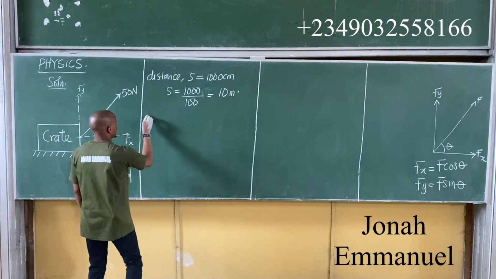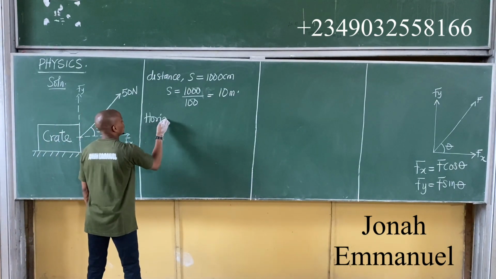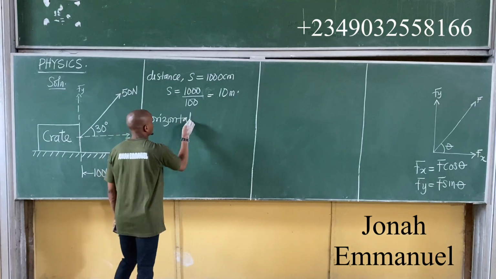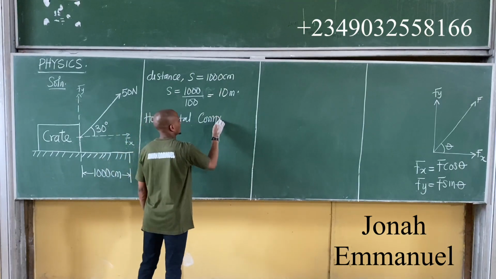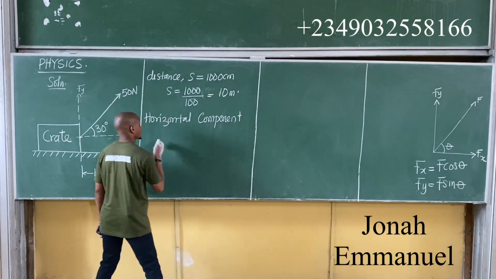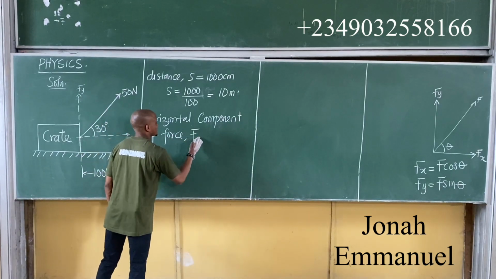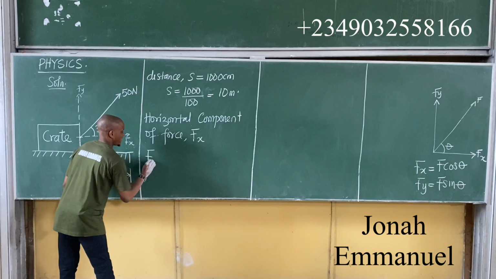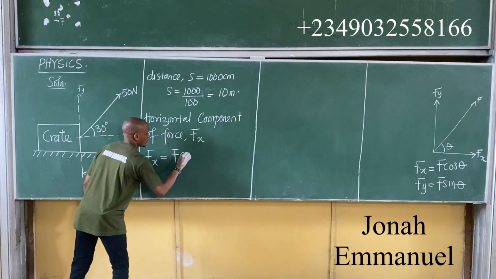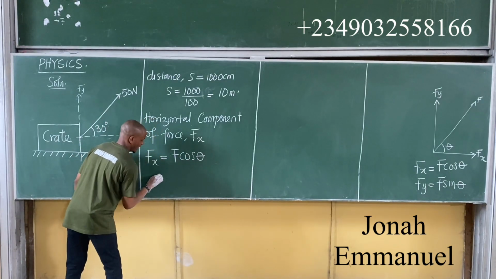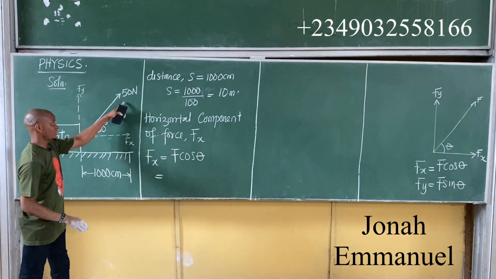From here, we have that the horizontal component of force Fx is equal to F cos theta. F is 50, the force.